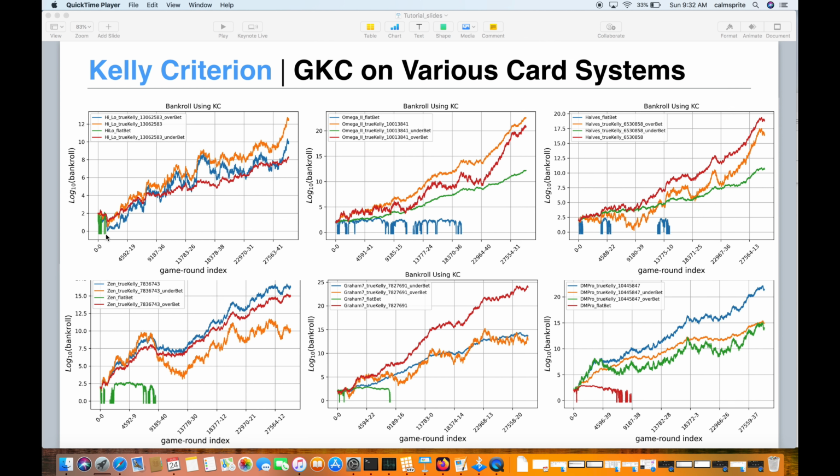We extended the simulation to 5 additional counting systems: Omega 2, halves, Zen, Gram 7, and DM Pro. In every case, the GKC-based strategy proved optimal over the long run. Our algorithm thus generalizes the Kelly criterion to multi-outcome games and applies it across all blackjack counting systems.